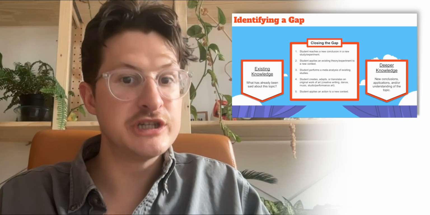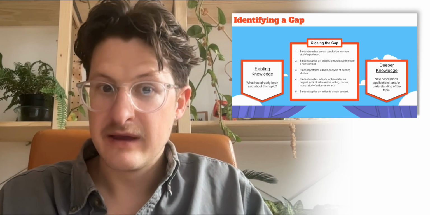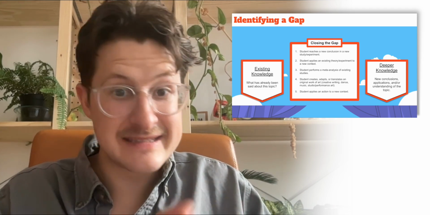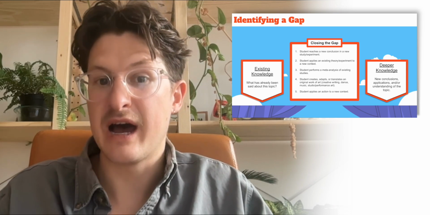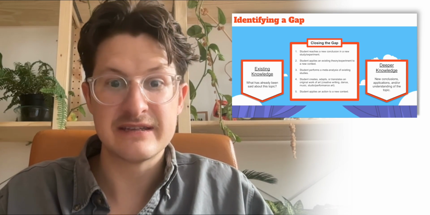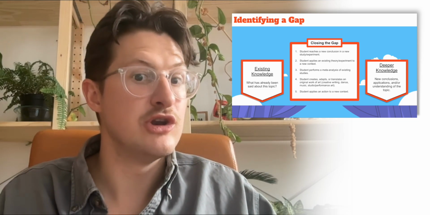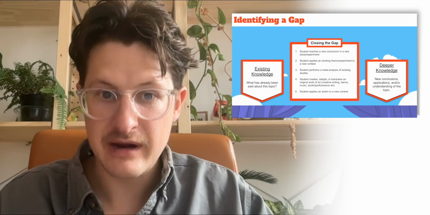Students should be reaching a new conclusion in maybe a study or an experiment. Students can apply an existing theory or experiment to a new context. Students may even perform a meta-analysis of existing studies, so they look at it and offer something new in terms of understanding the academic conversation.